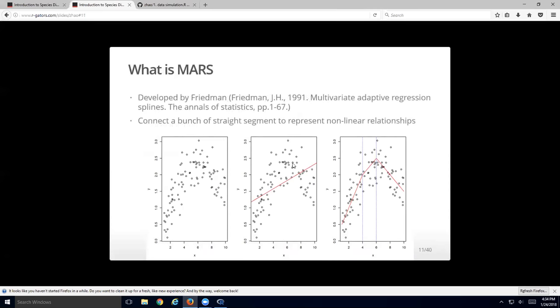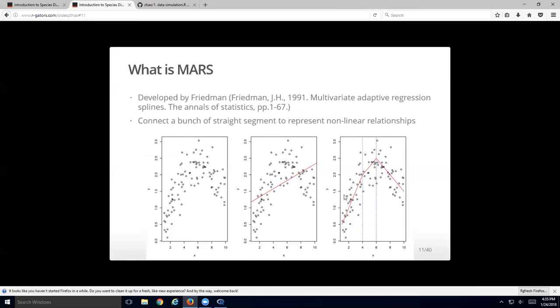But obviously, this fitted line is not very good, because you can see a kind of shape here, right? When x is small, most of the points are below this line, and when x is large, most points are also below this line, but in the middle, most points are above the line. So obviously, there is some nonlinear relationship that a simple linear regression cannot grasp.